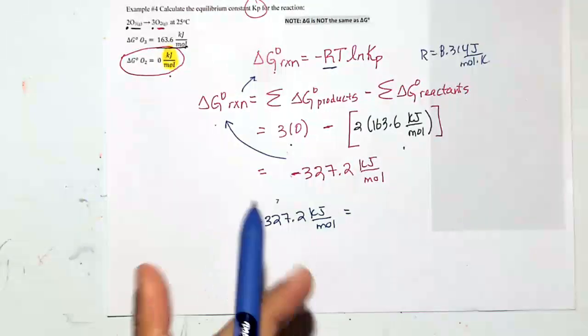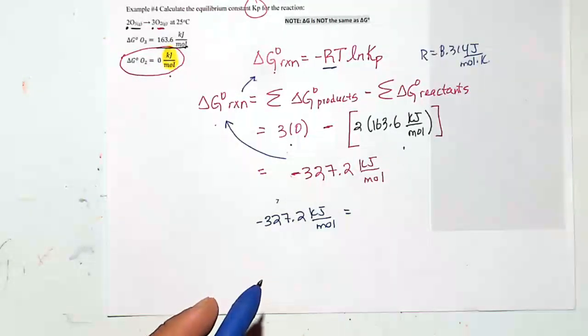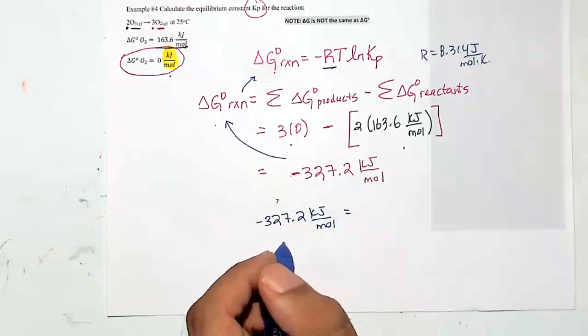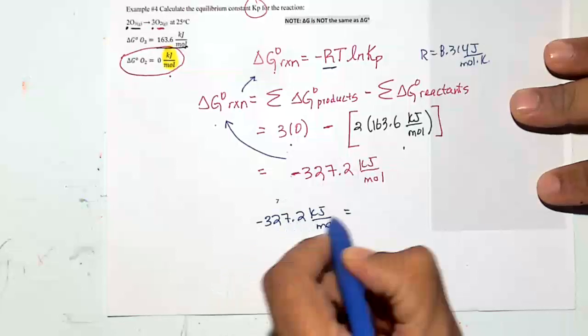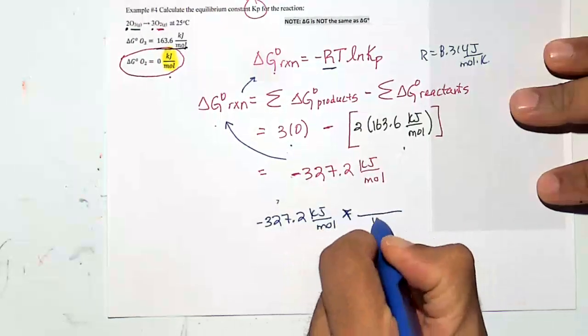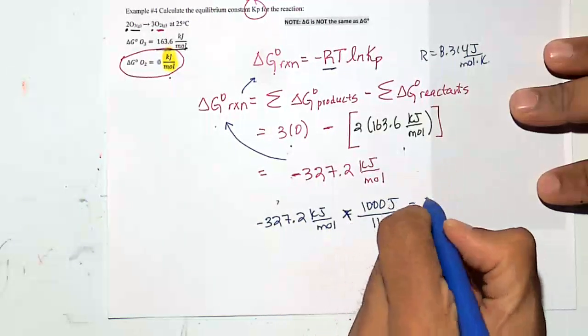So I'm going to convert this to joules per mole. How will I convert that to joules per mole? I got to multiply it by 1,000. So minus 327.2 kilojoules per mole times 1 kilojoule is 1,000 joules.